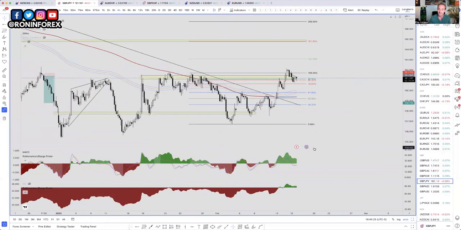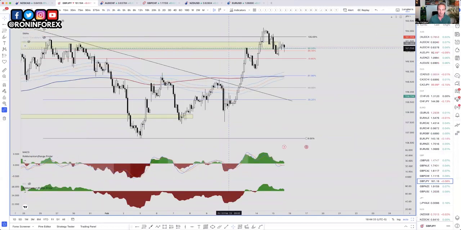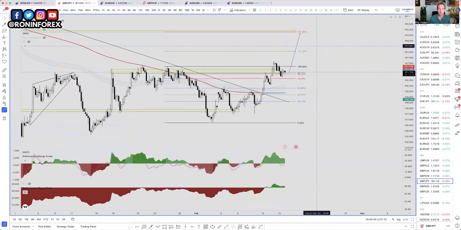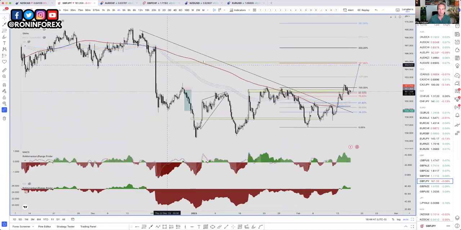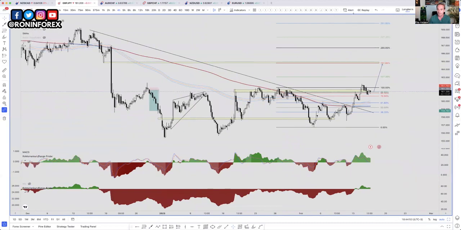GJ actually looks to be consolidating here in a bull flag pattern, kind of, I would say. So I would be watchful for the next move up in pound yen, targeting that 161.8 zone right there.